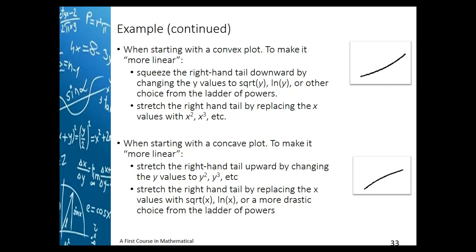So this helps us in this sense. If you want to make your original line become more linear, what you need to do is change your y into the square root of y, ln y, or other choices from the ladder of powers. This one again you need to get your hands dirty.